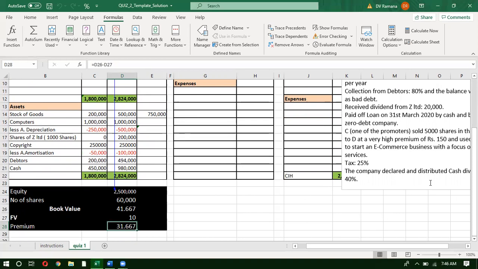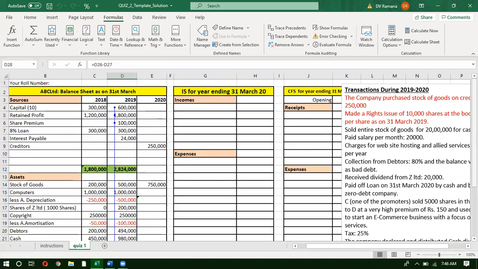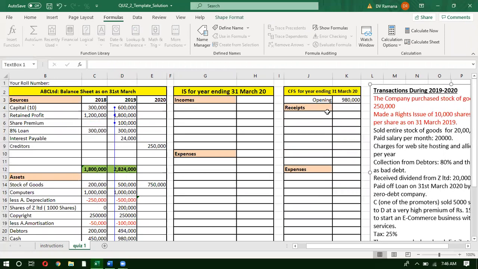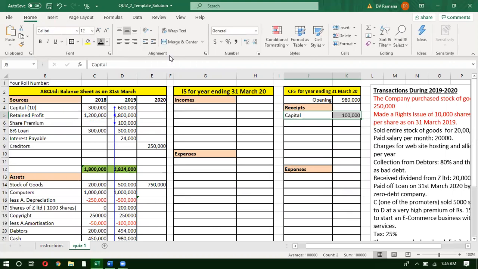As per the accounting requirement, the capital is always shown at the face value, and the excess money collected is shown as a share premium.